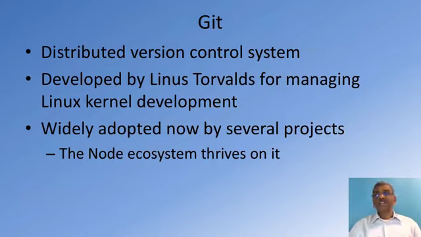Git was designed as a distributed version control system for use in Linux kernel development, and it has seen much wider deployment in the real world these days. The Node ecosystem is very much tied into Git, and that is the reason why we need Git for this specialization.